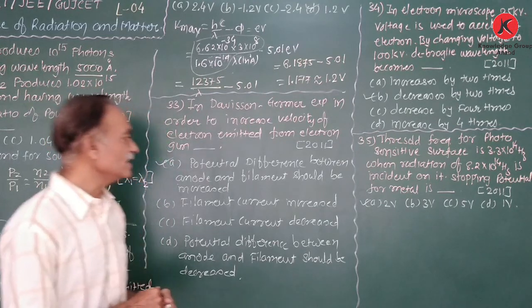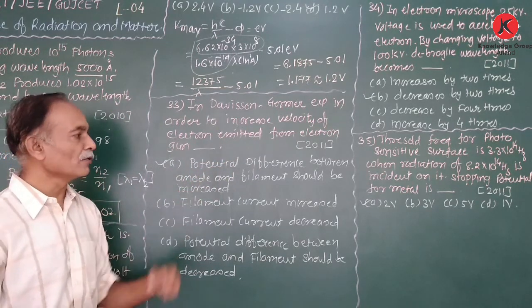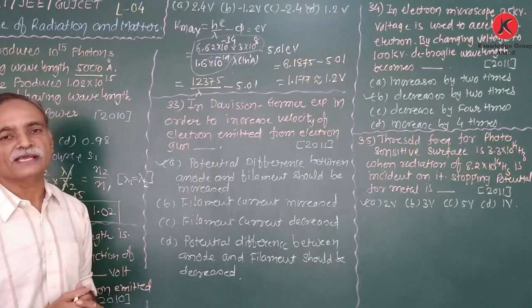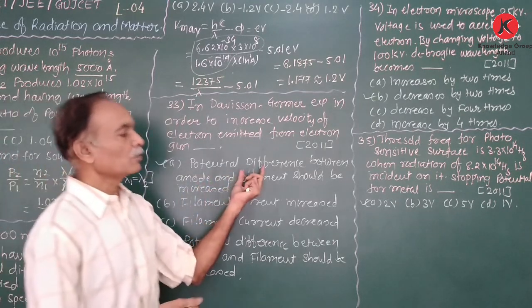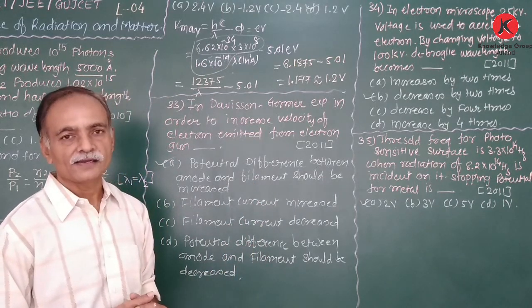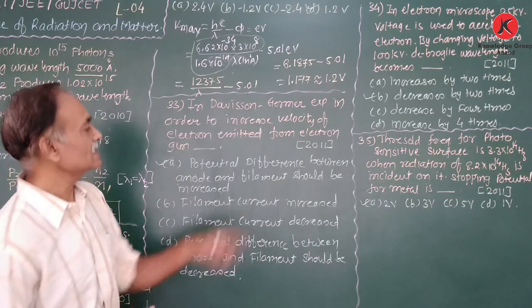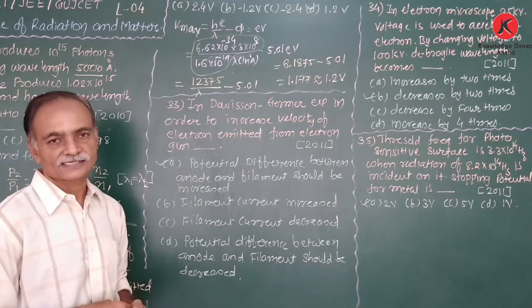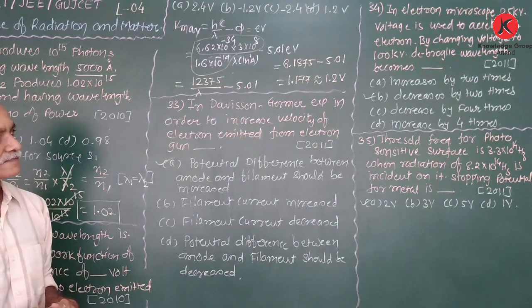Due to that reason, option A is right: the potential difference between the anode and filament should be increased. As a result, the electrons emitted from the electron gun are attracted with more speed, that means their velocity increases. Clear? Okay.